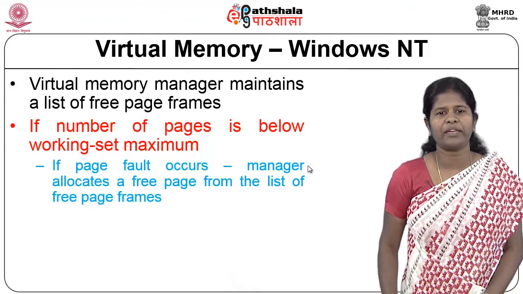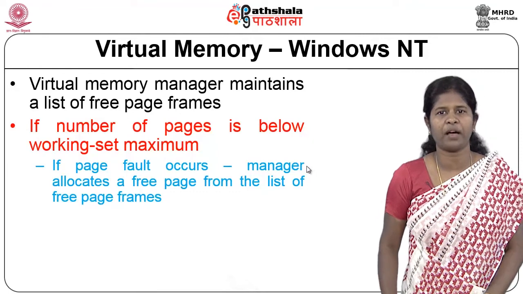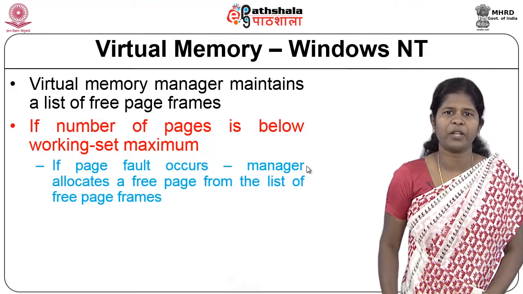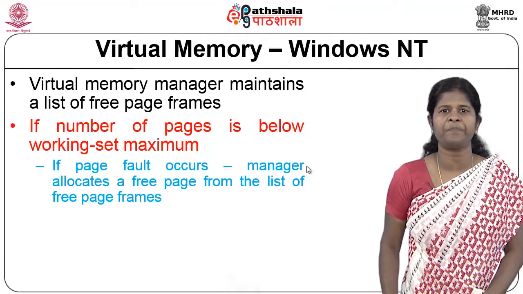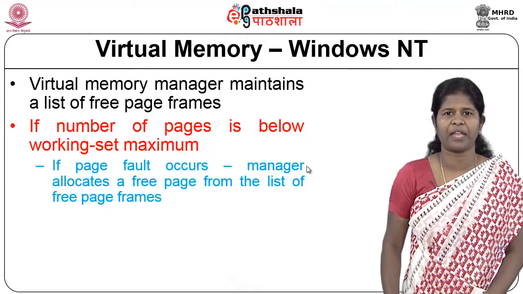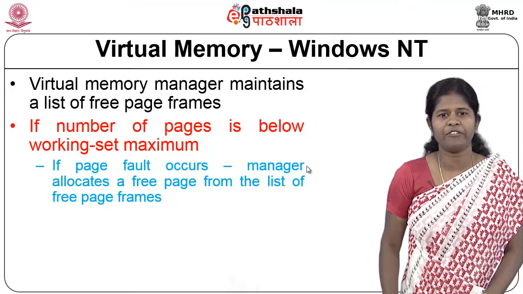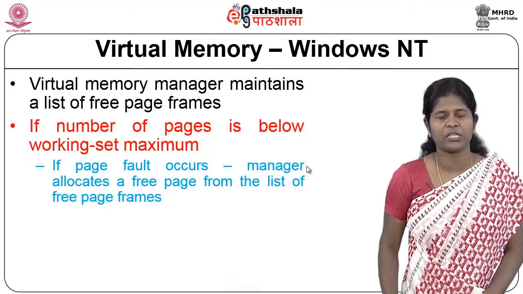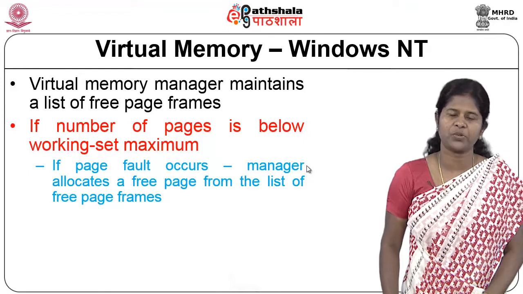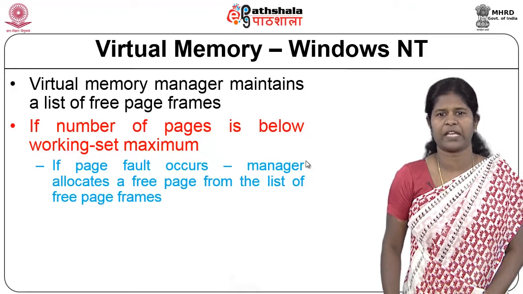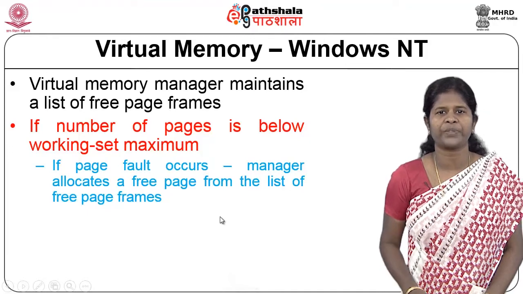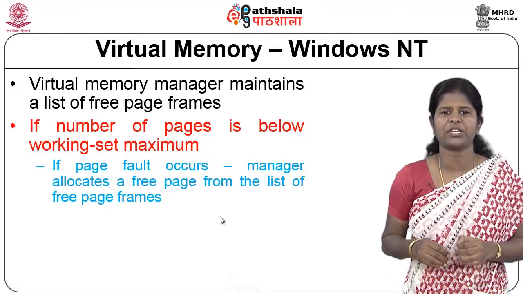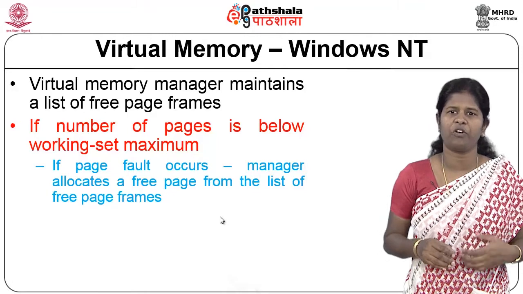Now, if the number of pages for a particular process goes below the working set maximum, as I told you in the example, say 20 is the maximum number of pages that can be assigned to a process, and that process has less than 20 physical frames in the physical memory, and now a page fault occurs for that process, the virtual memory manager will allocate a free page from the list of free page frames for this process.